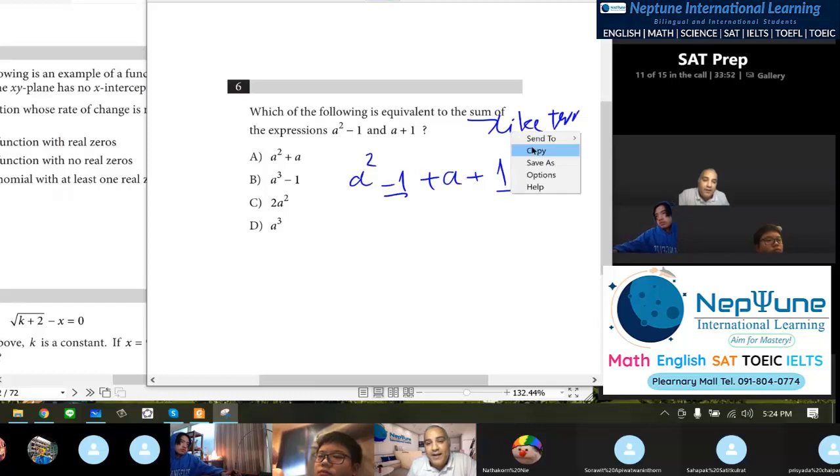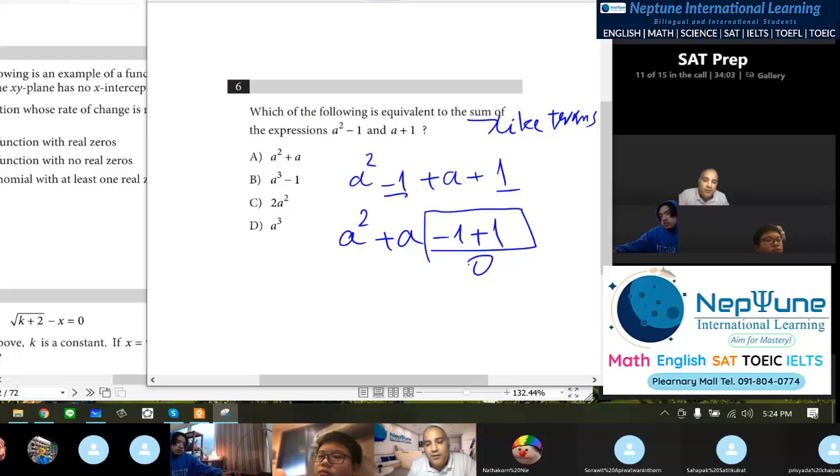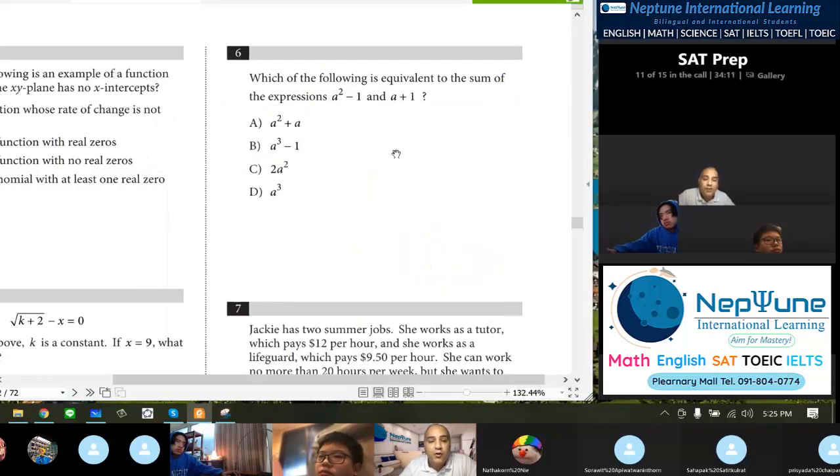So I can say a squared plus a, and then minus 1 plus 1. So this one equals 0. I don't need to write plus 0. So the answer is a squared plus a. Any questions? No? Very good.